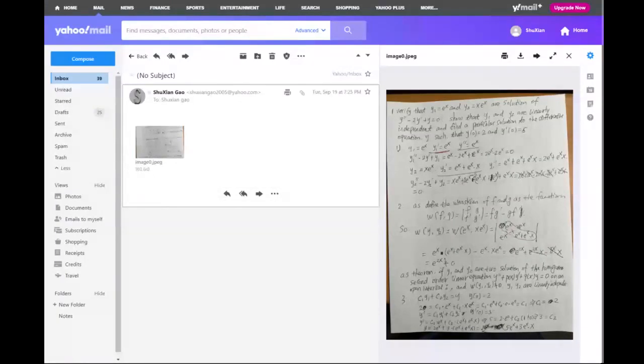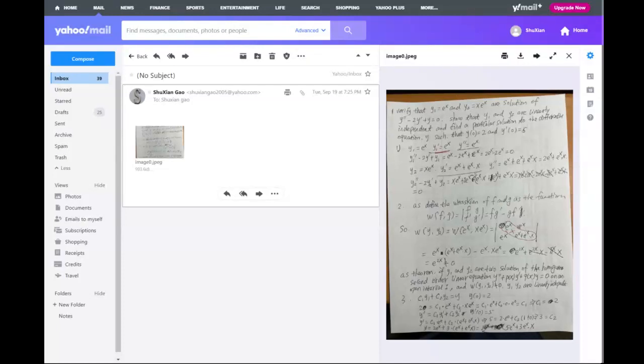The right hand side is 0, so that's a homogeneous equation. The Wronskian is not equal to 0, so y1 and y2 are linearly independent. That's by the theorem. So we solved the second question.